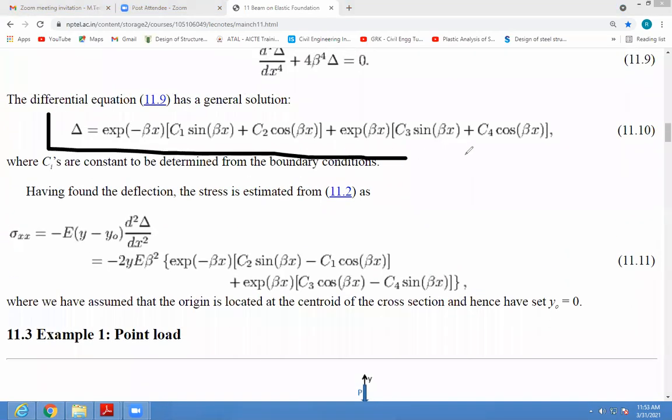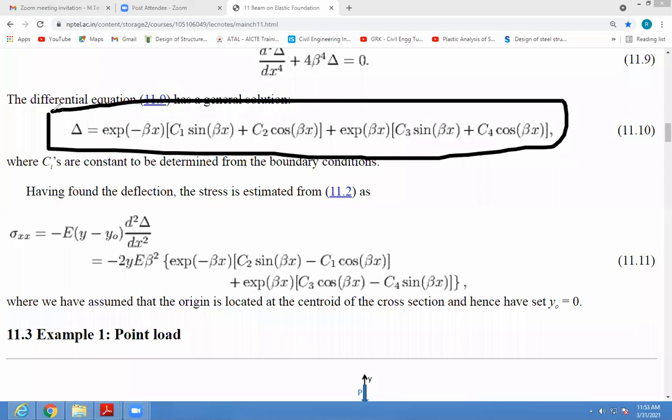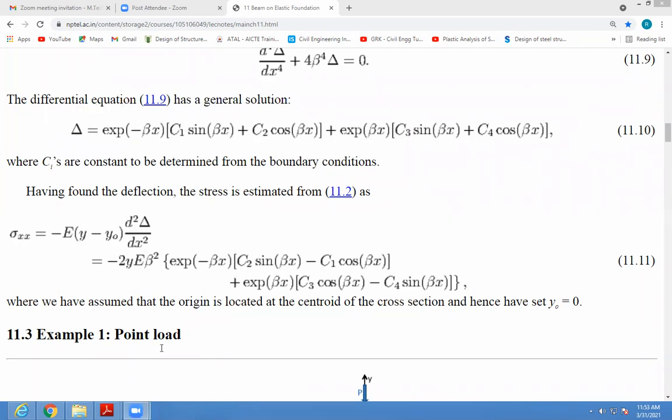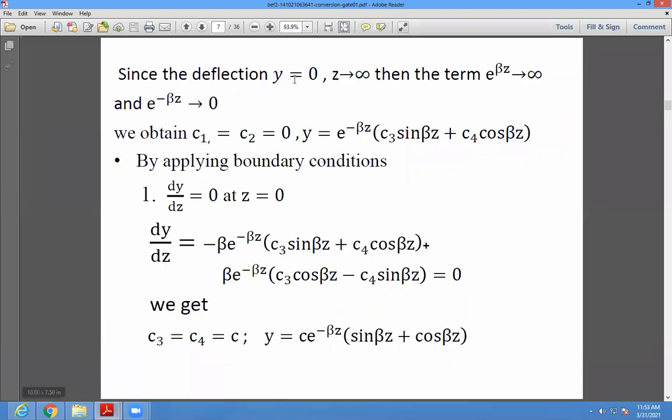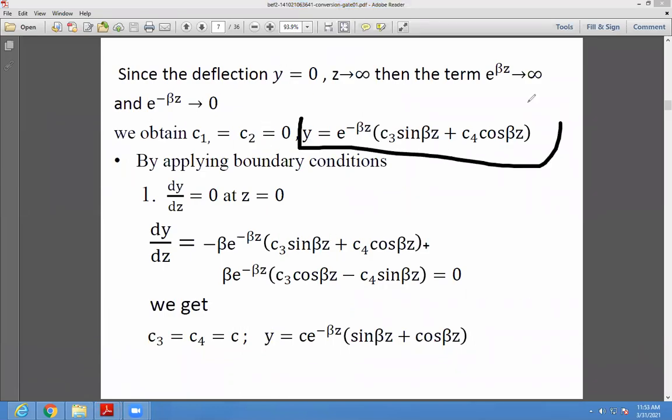This is the equation of your y or the delta.